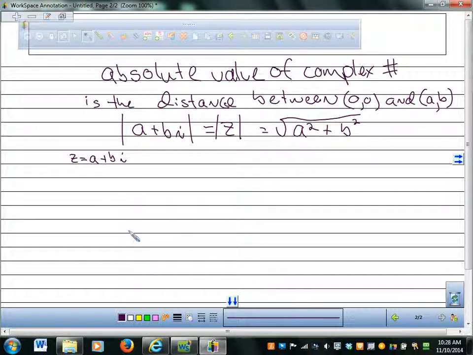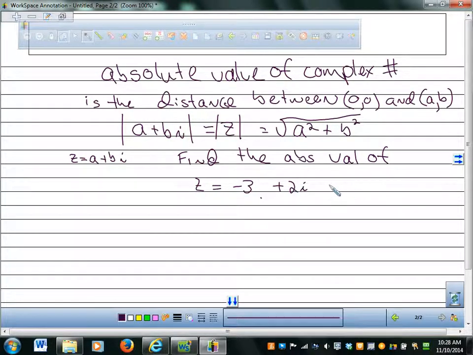Okay? So let's just do an example. When they say find the absolute value, they're just talking about finding the magnitude. So find the absolute value of negative 3 plus 2i. Z equals that. Sorry, I didn't mean to put an i there.